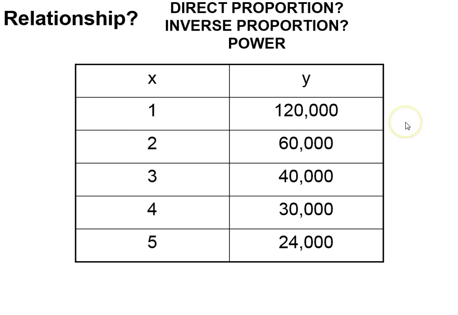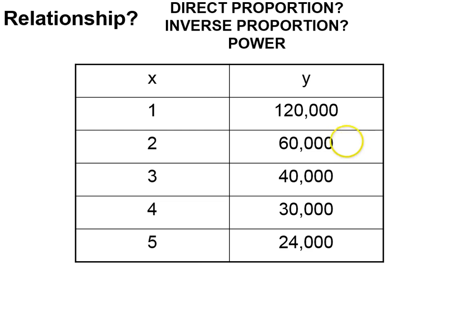Okay, so here's some data where we have, again, x increasing in nice even steps, 1, 2, 3, 4, 5, and we see that y is decreasing. So the first thing you should look for here is to see, is y decreasing in equal steps? And I hope you can see that it's not, because from here to here, y decreases by 60,000.